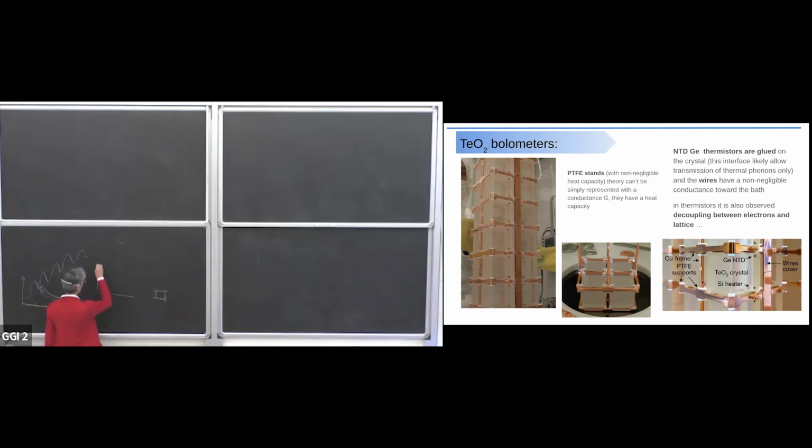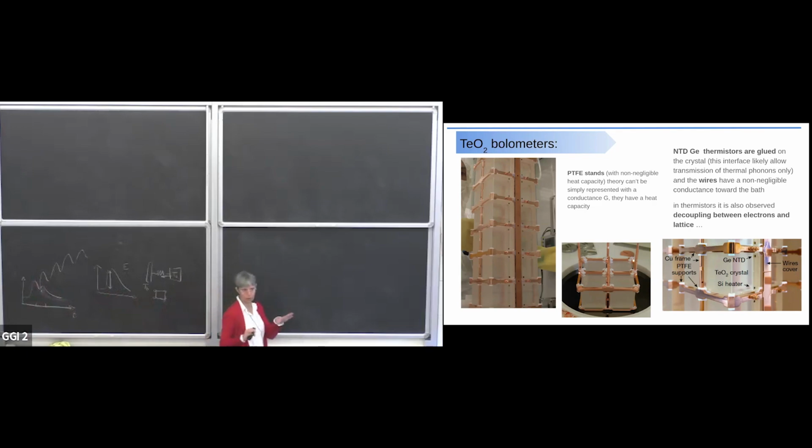The amplitude of my signal is proportional to the energy deposited into the crystal, but if I have a very high conductance, immediately you have a heat flow toward the bath, and you reduce the pulse amplitude.